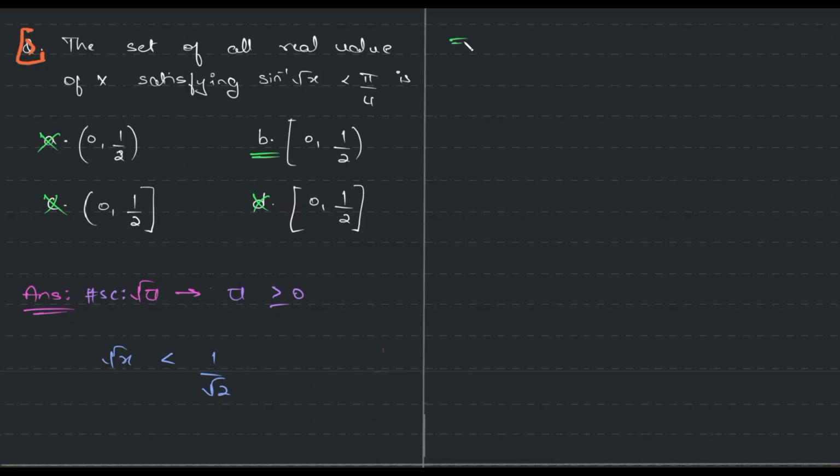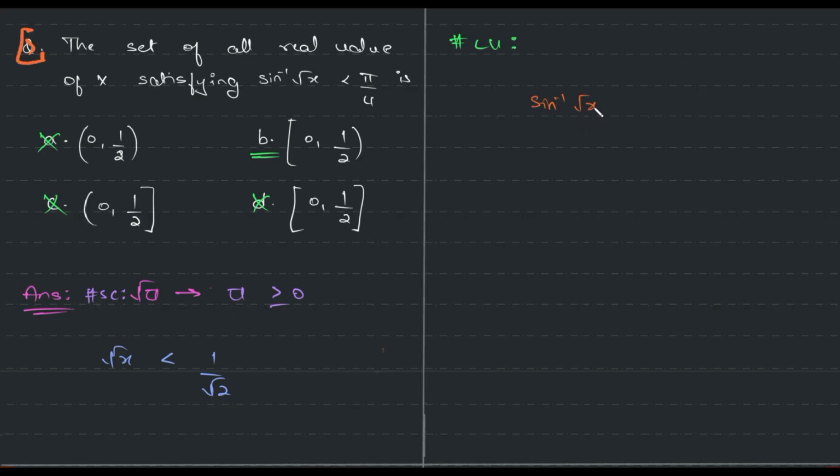Okay, now the lengthy version. Sine inverse of any value has to be between minus pi by 2 and plus pi by 2.